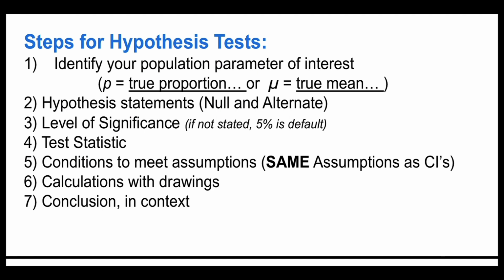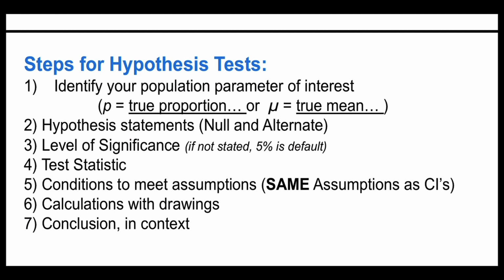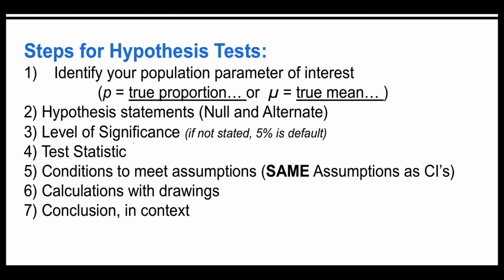Number 3 will always be stated, or 5%. Number 2 is always stated as well. The test statistic's a little different though. We're not going to use the same formula we've been using. It's a new formula, but it's not that bad.